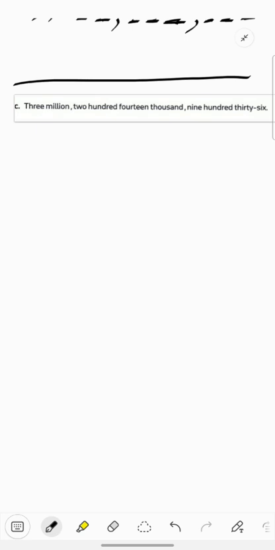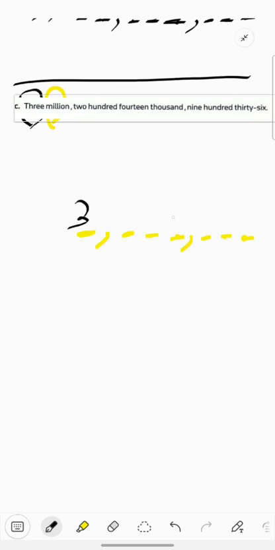3,214,936. So you need to figure out the greatest place value here is million, right? So ones, tens, hundred, comma, thousand, 10,000, 100,000, comma, million. Here you have 3 in the million place.